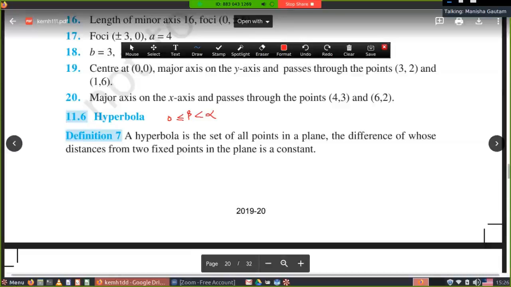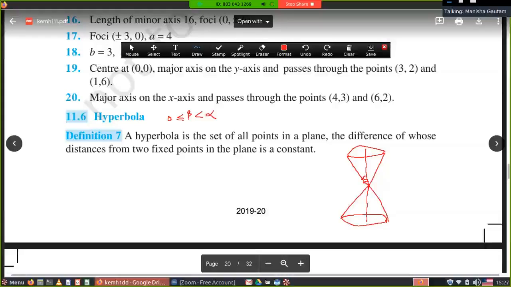I can show you by figure. Suppose this is the shape of a double-napped cone, and this is the axis of the cone. Suppose here this is an angle alpha.